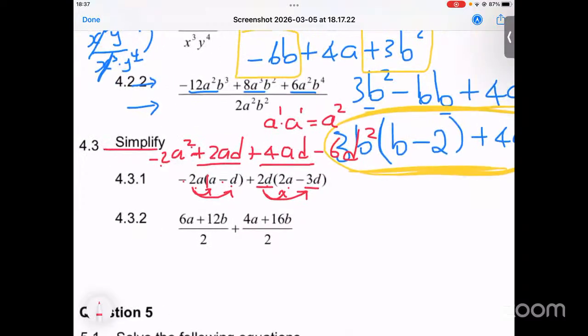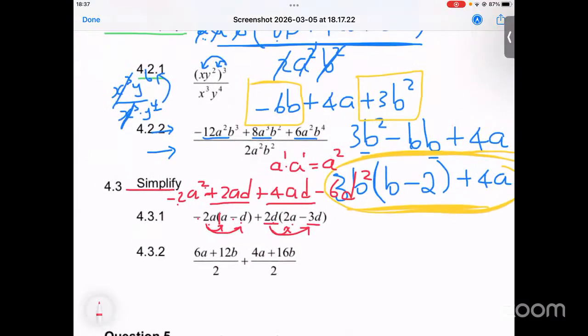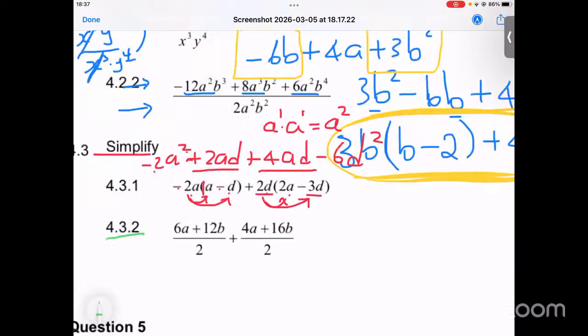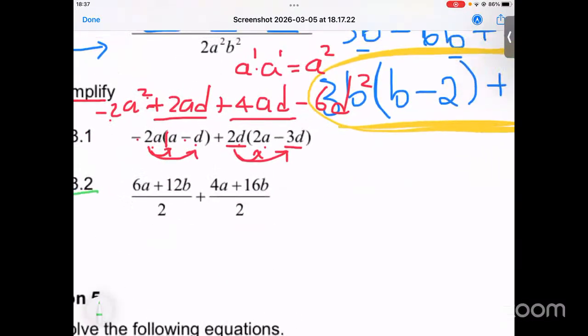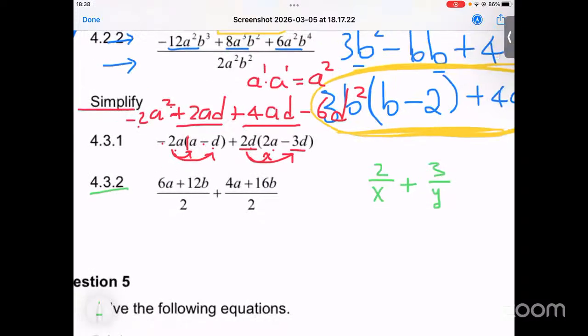So now, when looking at this one, you will realize that you are still simplifying. But for this one, what they want you to do now is almost just like when I was giving you, say, 2 over x, that we plus it with maybe 3 over y. Remember, you might need to just multiply those.